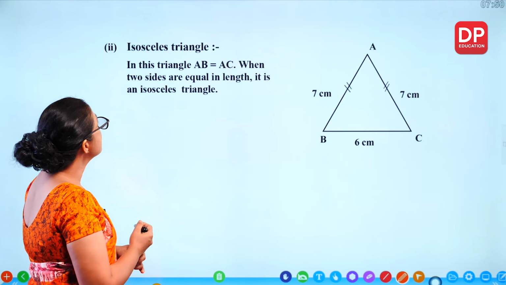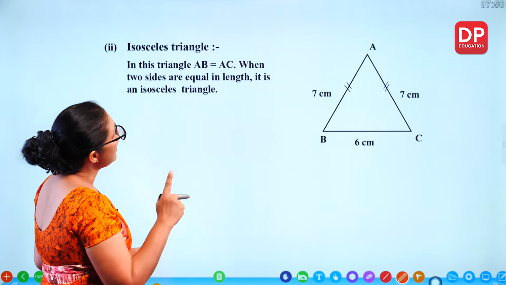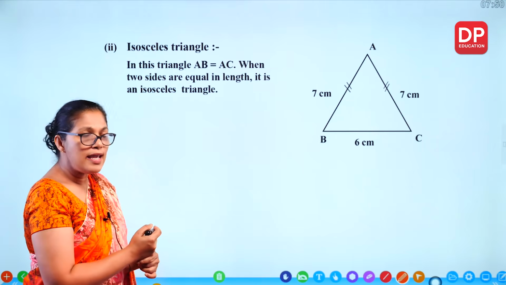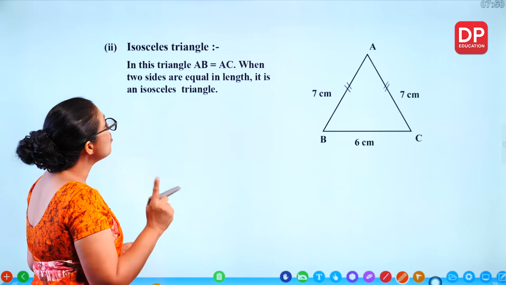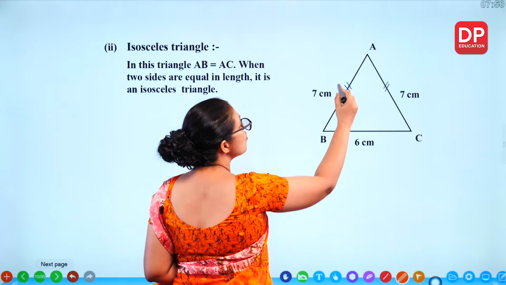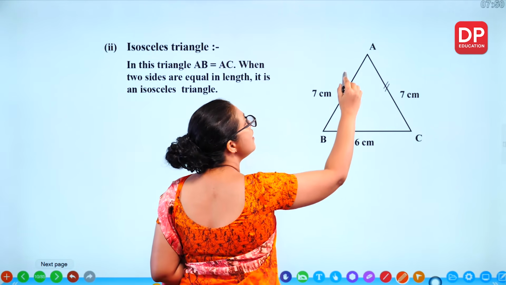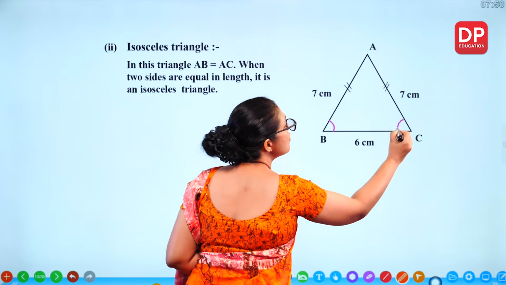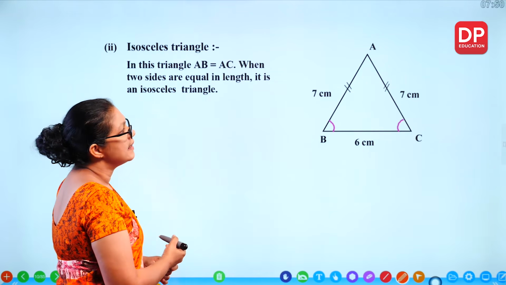Next one is the isosceles triangle. What is an isosceles triangle? In this triangle, AB length and AC length are both equal. So when two sides are equal in length, it is an isosceles triangle. So we know in an isosceles triangle, this angle is equal to this angle as well.